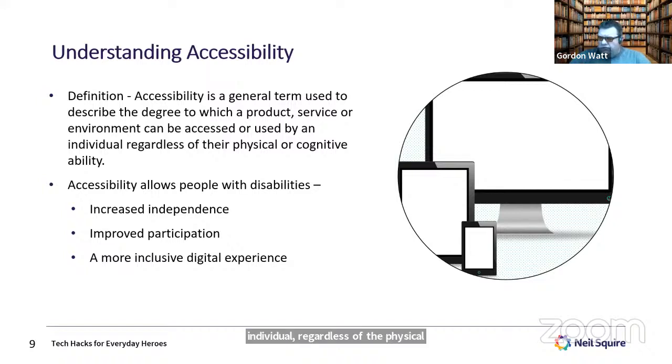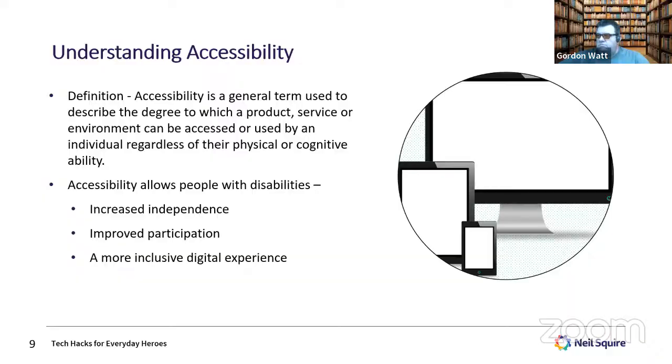So there is a wide variety of different accessibility tools out there, but as I said before, what we're talking about is the programs and features within the operating systems that we're dealing with. Accessibility allows people to increase their independence, improve participation within whatever it is that they're using the devices for, and also have a more inclusive experience. So it helps people to participate more in what they're doing.